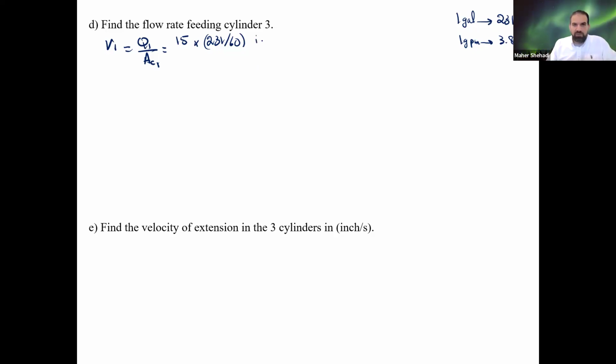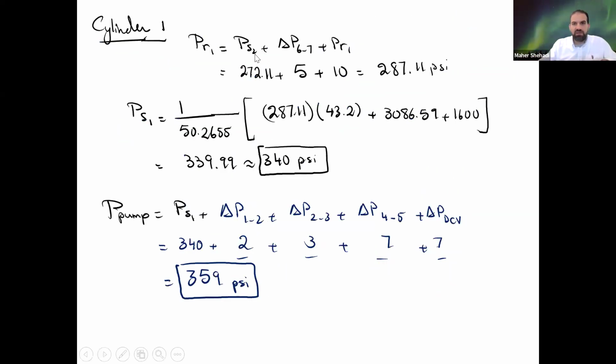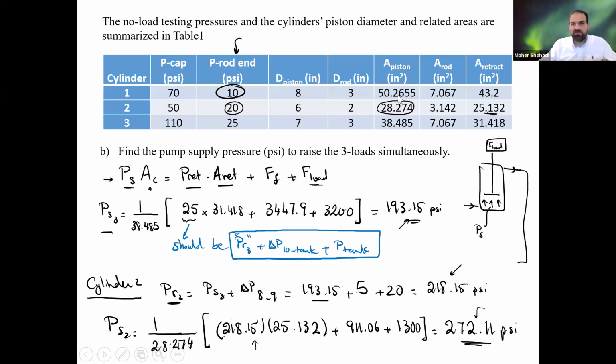So now I have cubic inch per second per GPM, and here 15 GPM, so they cancel. And I have cubic inch per second. And I have A cap 1, that was the 50.2655 square inch. That's coming from this table, 50.2655.